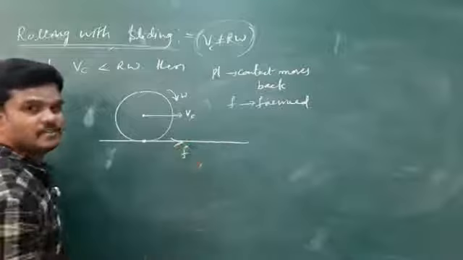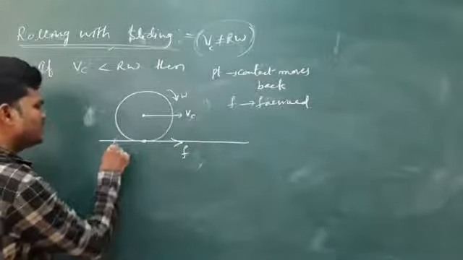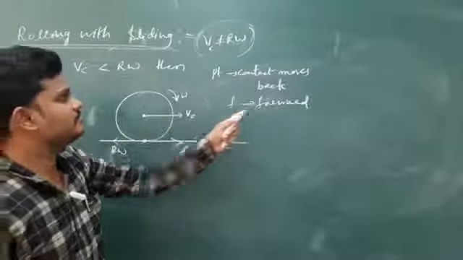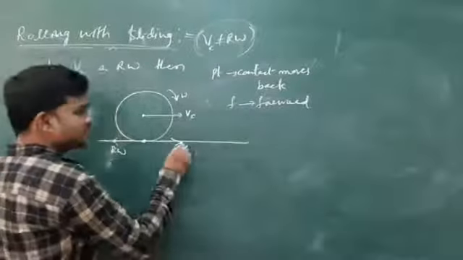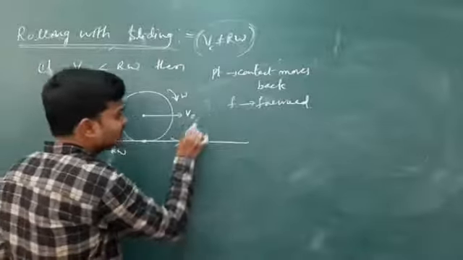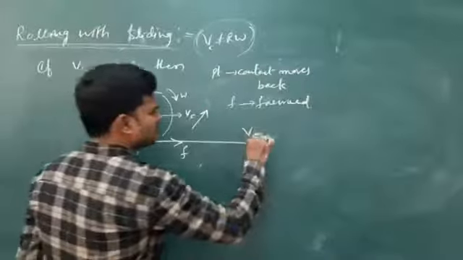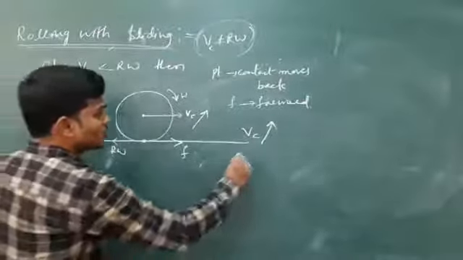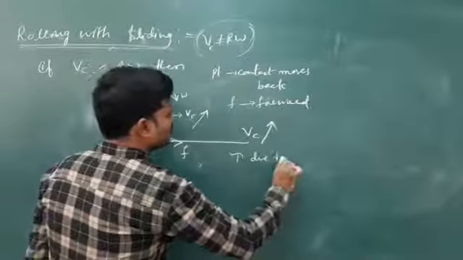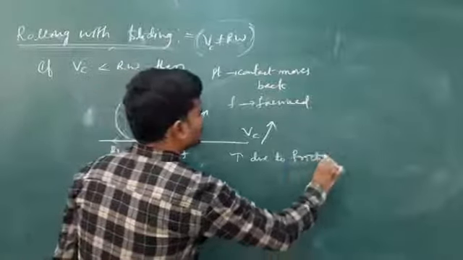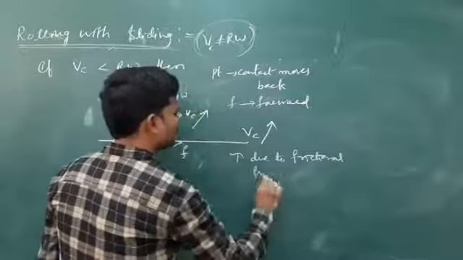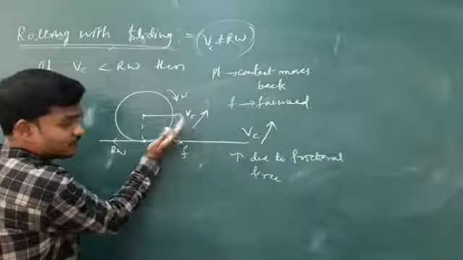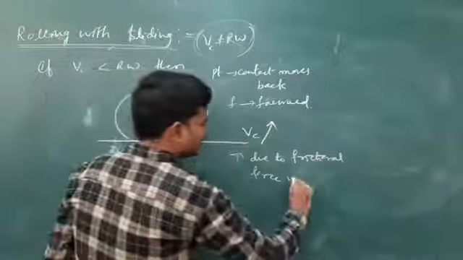We are not applying any external force. The frictional force acts forward, and this frictional force tries to increase Vc. So Vc increases, the translational velocity increases, and the torque due to this frictional force will reduce the angular speed.